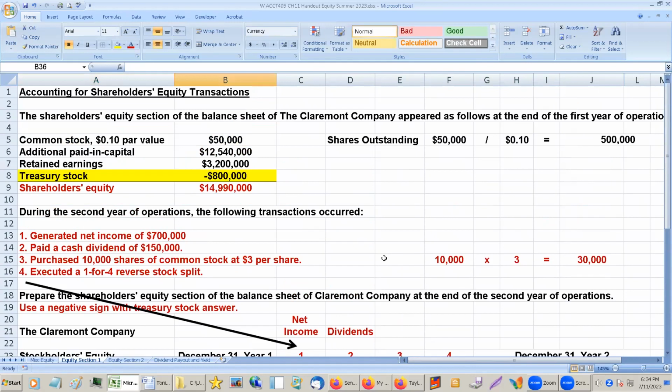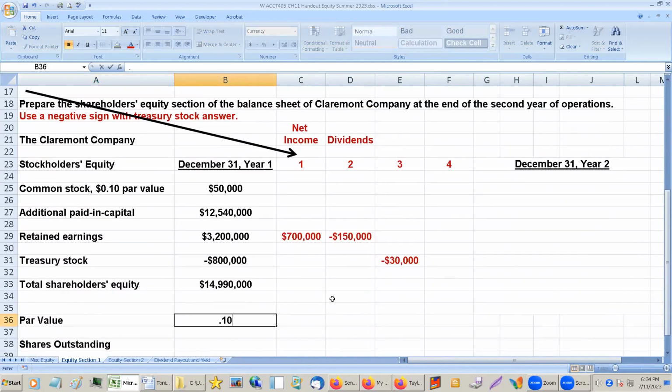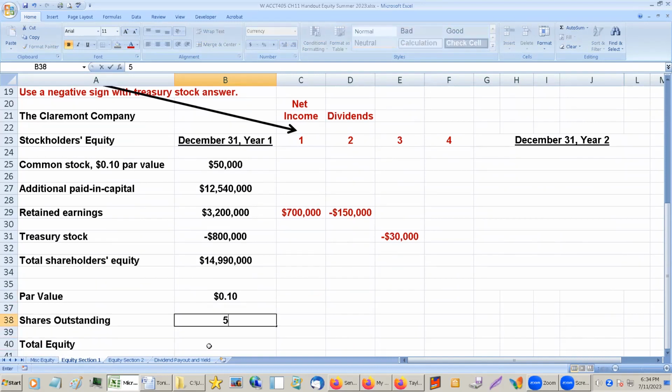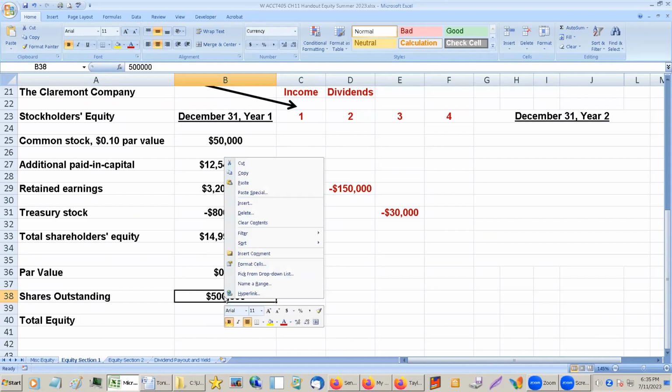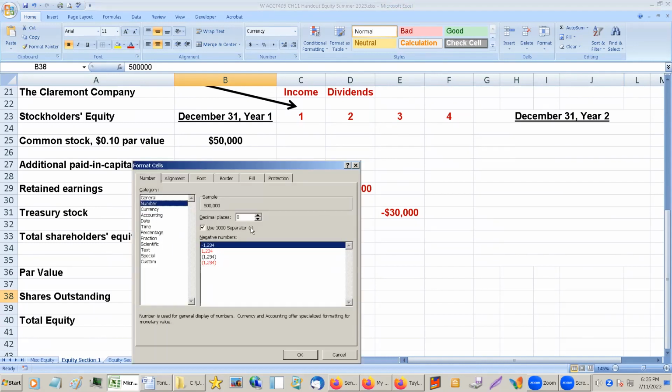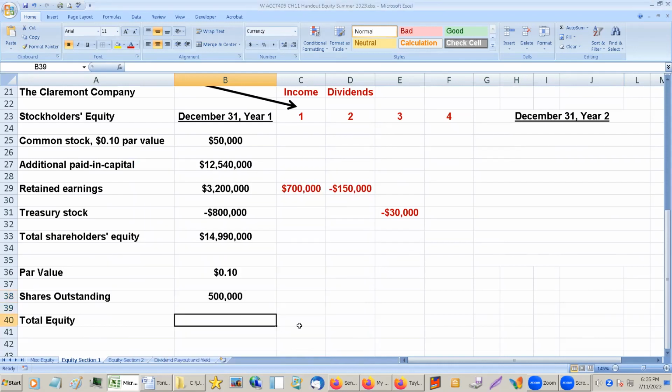The par value was 10 cents a share, shares outstanding was 500,000, and the total equity was 50,000.